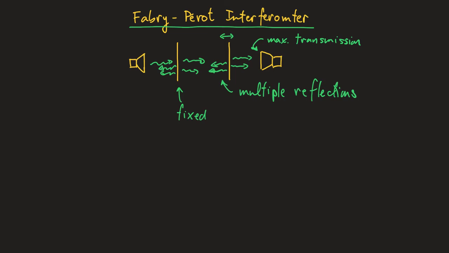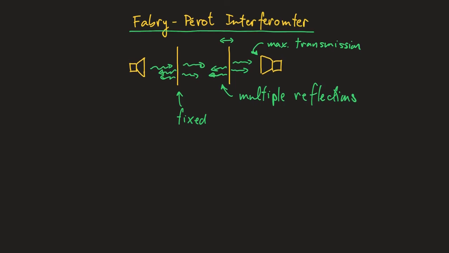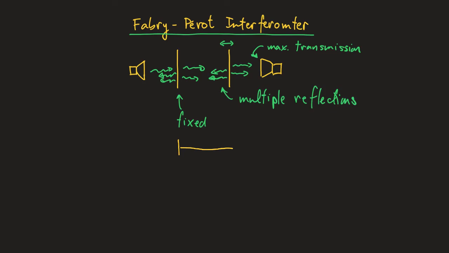Okay, so it turns out that if this distance here between the 2 barriers is L, then this maximum transmission occurs when L is equal to n lambda over 2, meaning there are a half integer number of wavelengths in between the two barriers. So this is L right here.